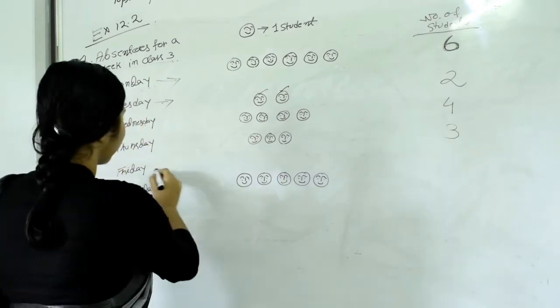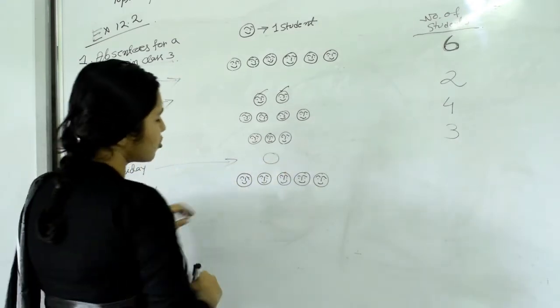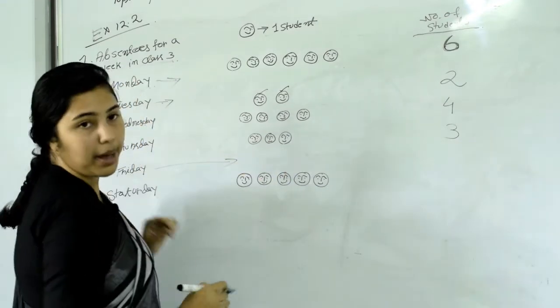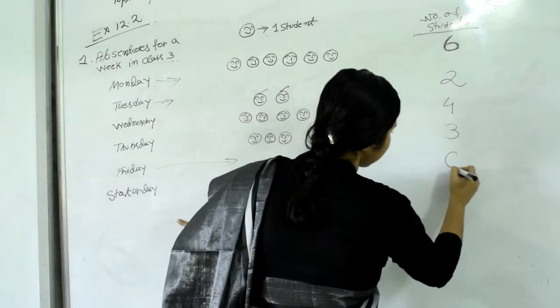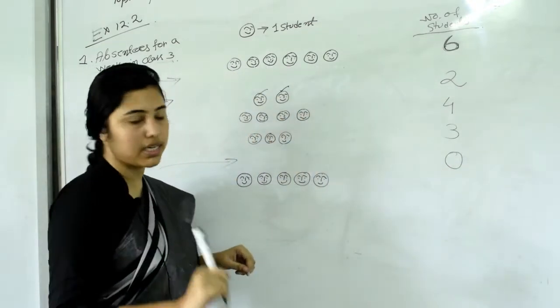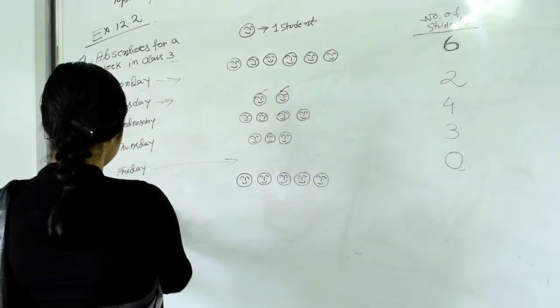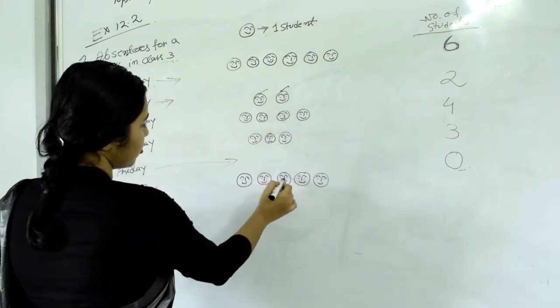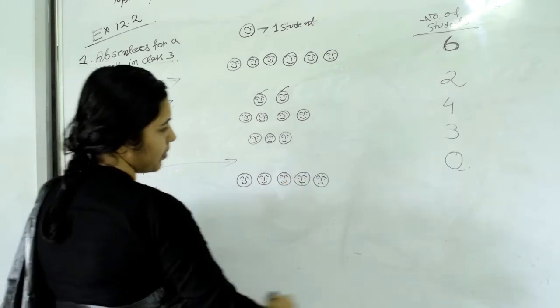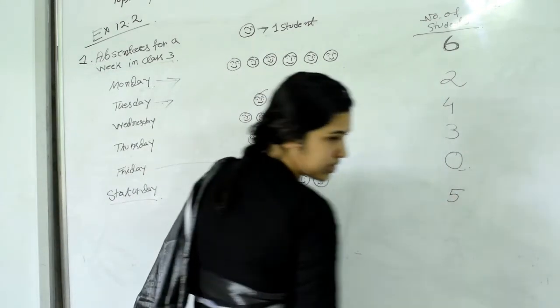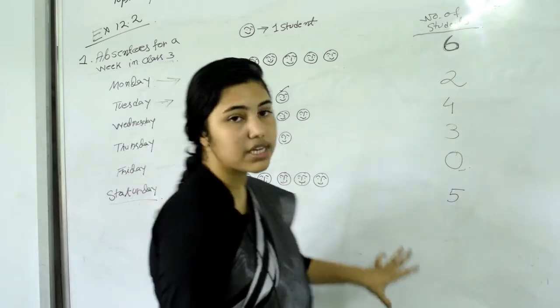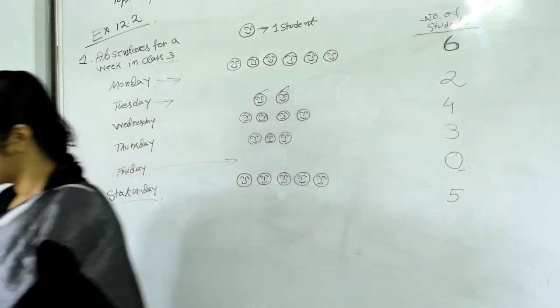And here Friday there are 0 students absent, right? Which means the number of absentees is 0. And next Saturday 1, 2, 3, 4, 5. 5 students are absent.